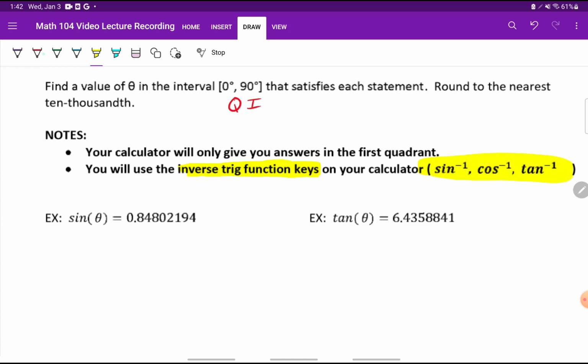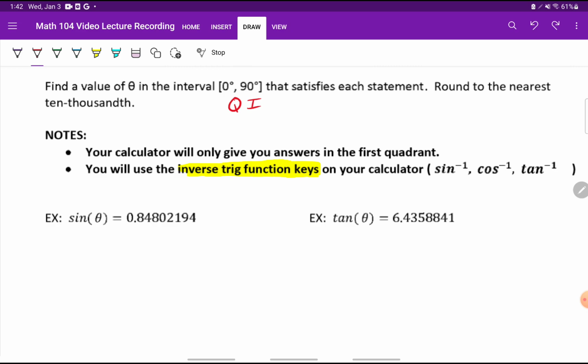All right, we know from college algebra that notation almost looks like an exponent of -1, but it's not. It indicates inverse for us in the context of functions. So if you take a look at your calculator, you'll see that the second to your sine, cosine, and tangent buttons are sine inverse, cosine inverse, and tangent inverse.